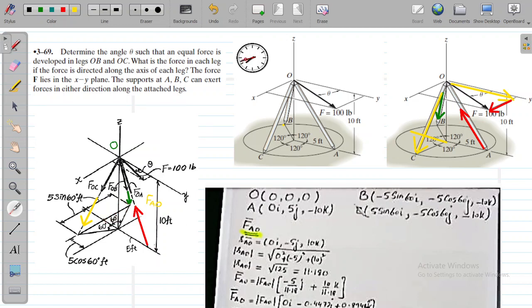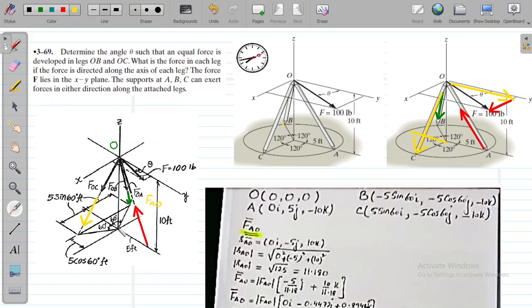So the coordinates of B will be, if you move from here, what will be the component along the x-axis? It will be this component, which is 5 sin 60. But see, this is the origin, and we are going at the back of the positive x, so we put a minus sign: minus 5 sin 60.